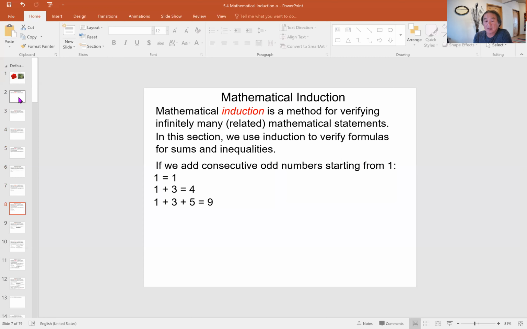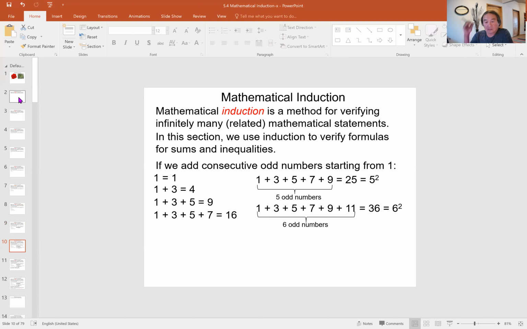Add the third odd number, I get 9. With four odd numbers, I get 16. Then the pattern emerges. It is not difficult to guess what the next pattern is. It says 1 plus 3 plus 5 plus 7 plus 9 is going to be 25, which is of course true. That's good.